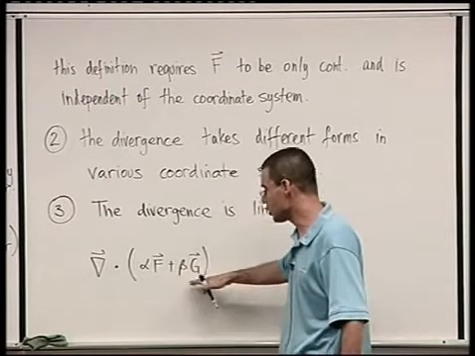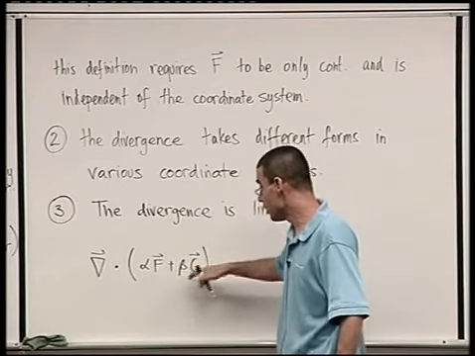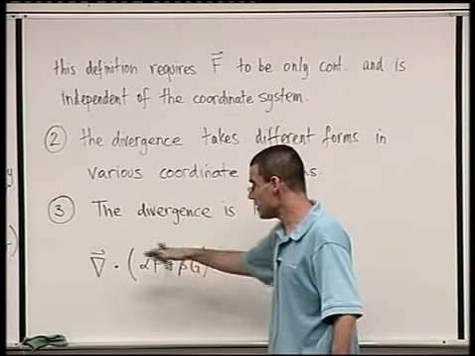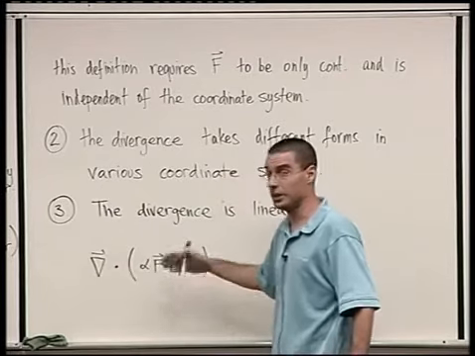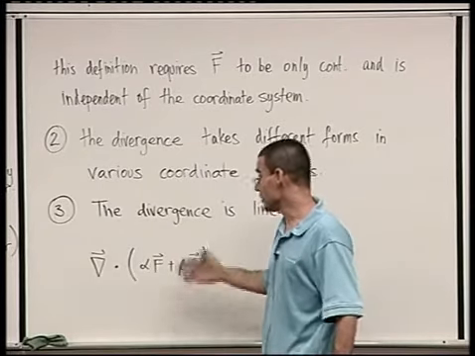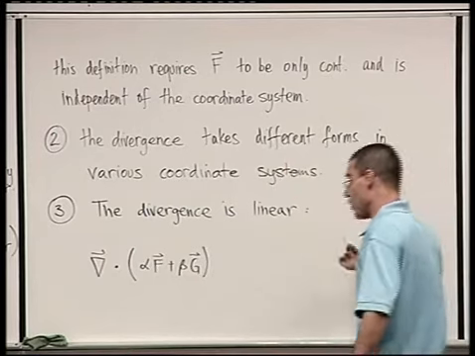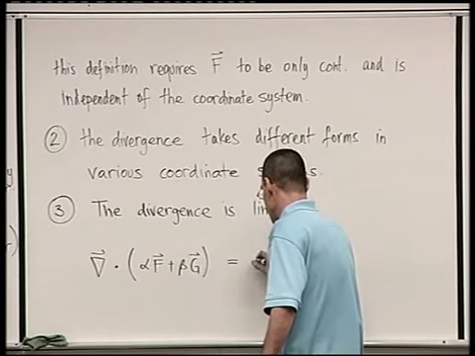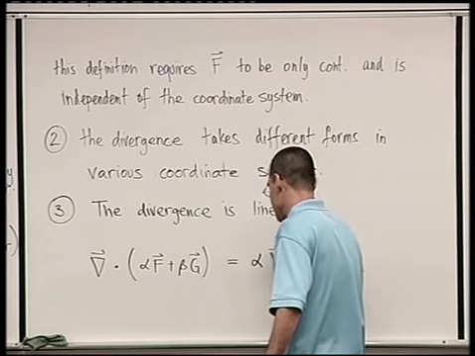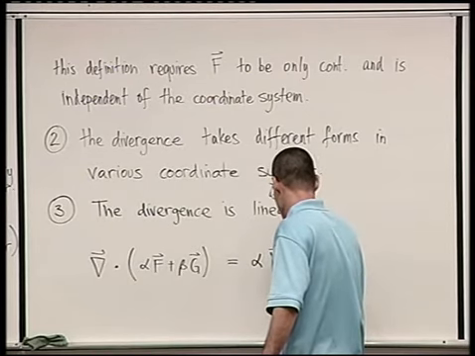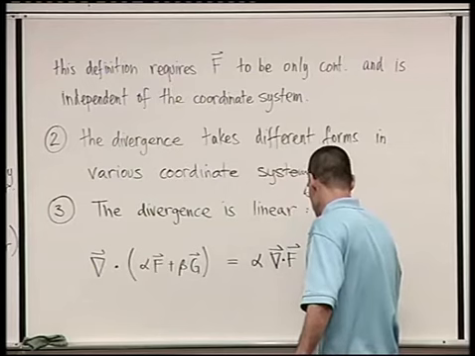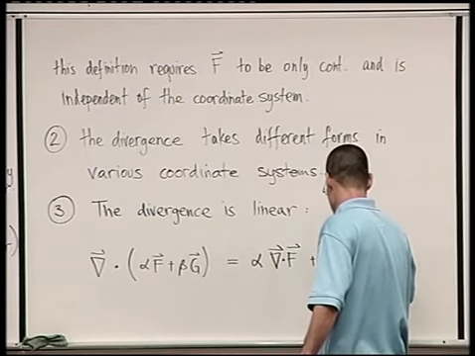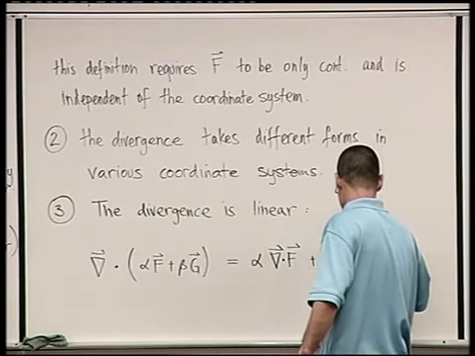This is a linear combination of two fields, and this is an operator acting on the linear combination. Saying that the operator is linear means that this should be equal to alpha times the divergence of f plus beta times the divergence of g.